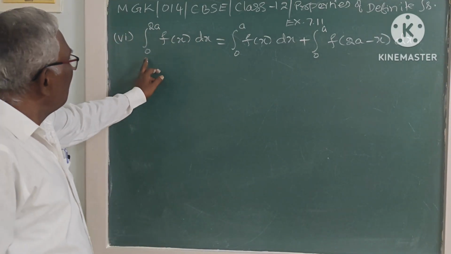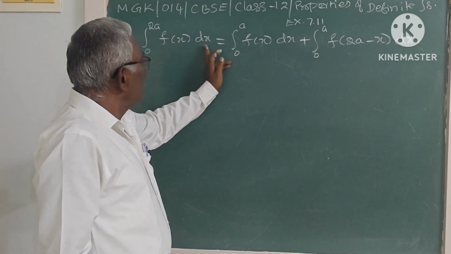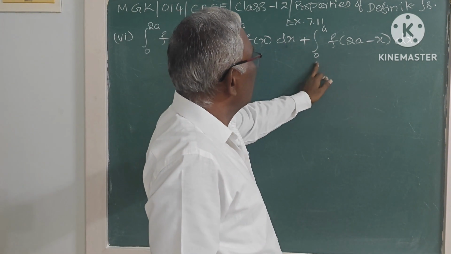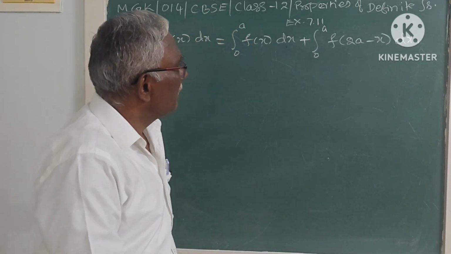So this property is integral 0 to 2a f of x dx is equal to integral 0 to a f of x dx plus integral 0 to a f of 2a minus x dx.